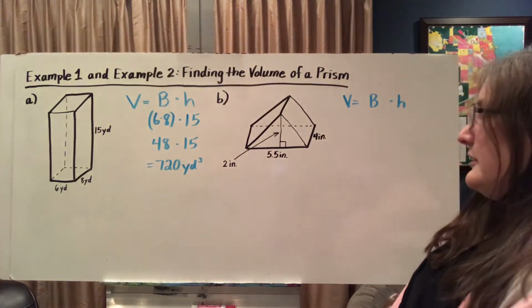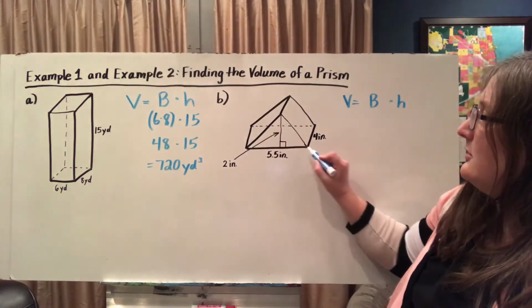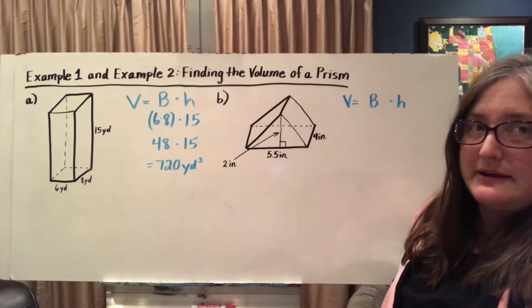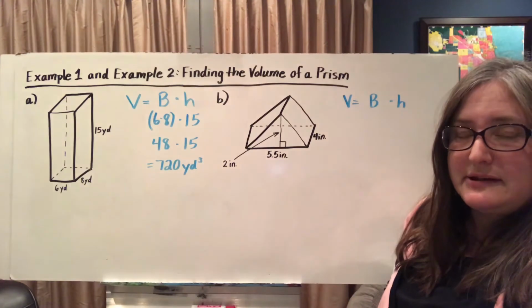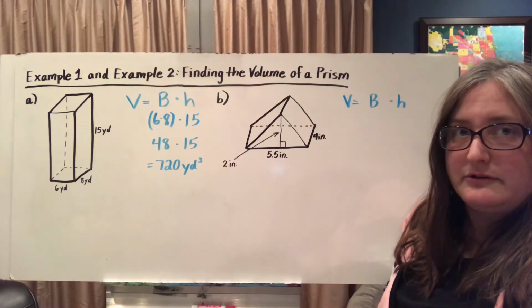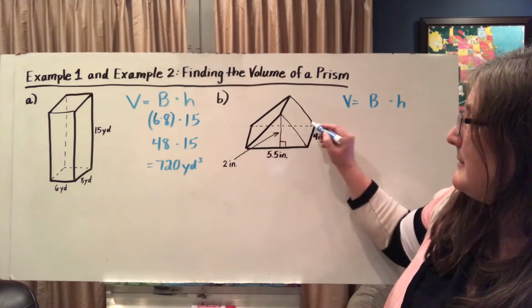Let's take a look at another example here. This time, even though it looks like this rectangle is the bottom piece of this prism, it's not my base. Remember, bases can be any shape, but the middle pieces of prisms are rectangles. So in this case, when I see triangles, I think those must be my bases.